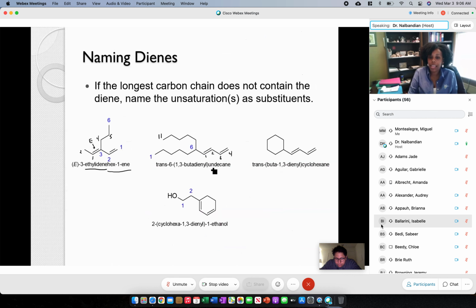And so for our undecane here, we have this on carbon 6. We can put the trans here, or we can put this into the parentheses because there's no discrepancy there. We know where the trans is. The only trans double bond is in that 1,3-butadienyl, with the yl on the end because it is a substituent.